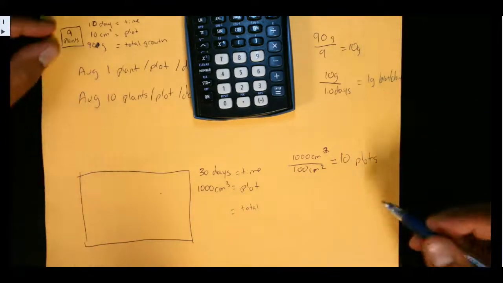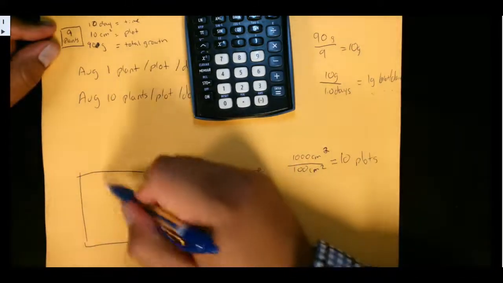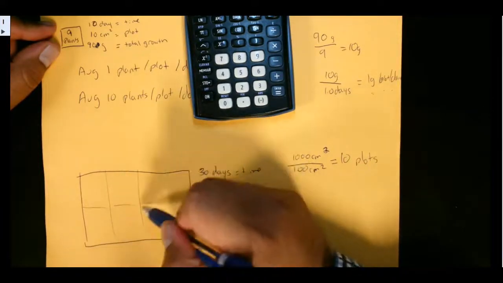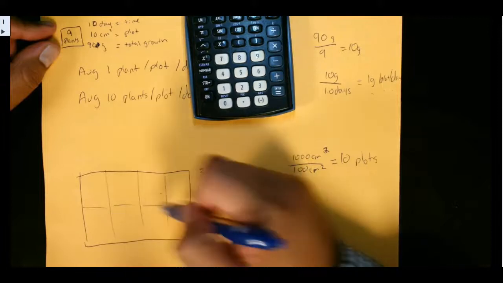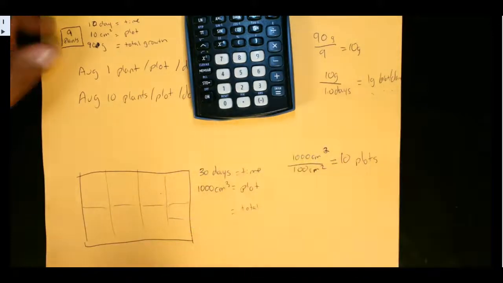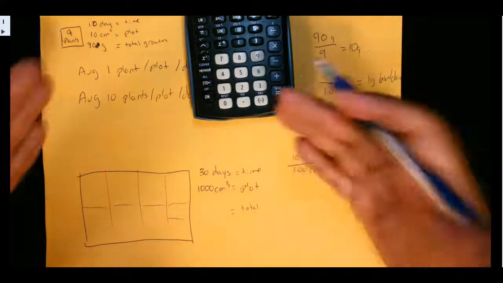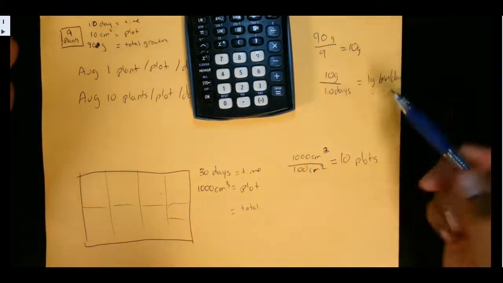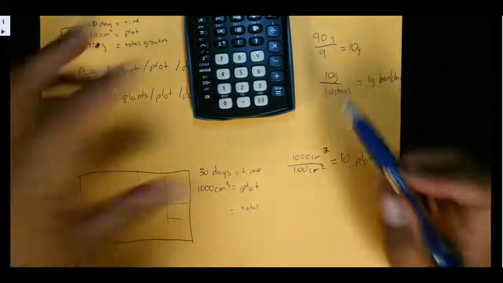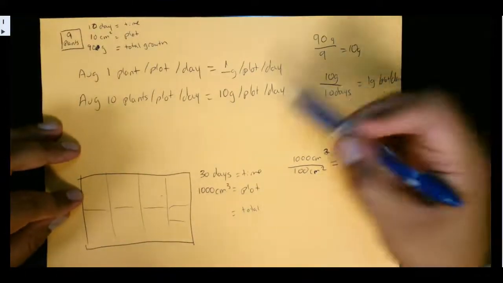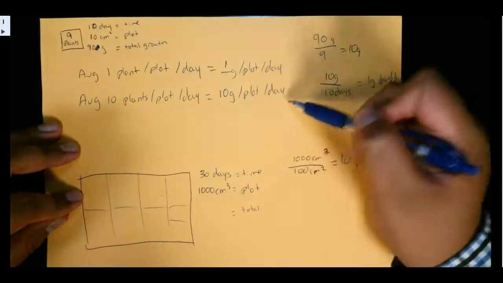So basically, you'd have 10 of these boxes in here. I'm going to do a terrible job of drawing them, but let's call it 10. So you have 10 plots. How much does each plot produce? Well, each plot per day, if 10 were growing inside of them, would produce a total of 10 grams per plot per day.